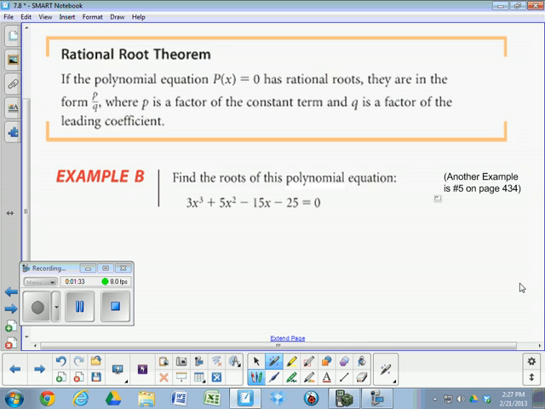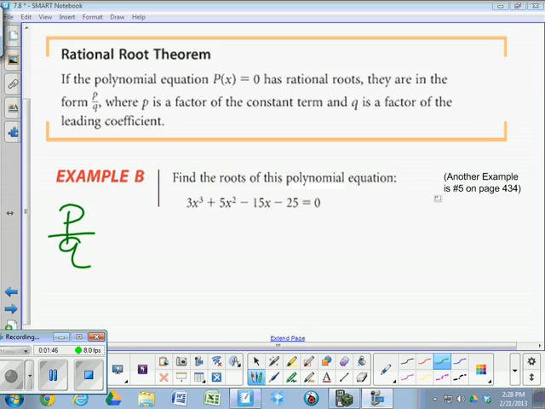So, here's what it says. If the function has rational roots, they're going to be of this form, p over q, where p is a factor of the constant term. The constant term is the number on the end, negative 25.